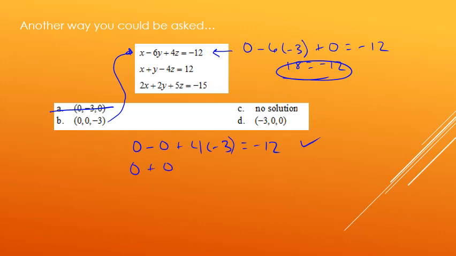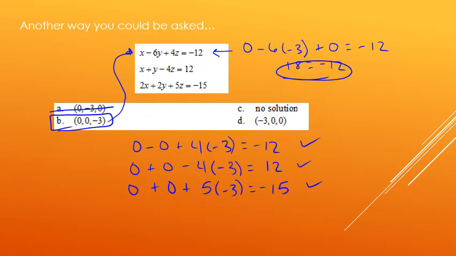That would be 0 plus 0 minus 4 times -3 has to be 12. That's also true. So let's try the last one. That would be 0 plus 0 plus 5 times -3, which is supposed to be -15, and in fact that's true too. So in that case, B is my final answer.